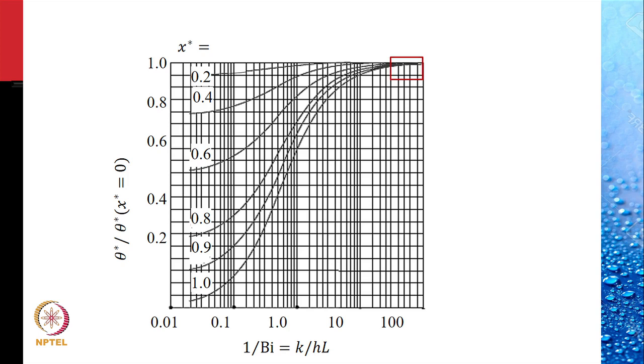It's interesting to note that for very small values of Biot number compared to 1, that is when 1 over Biot number is large, all the curves for different values of X star or R star collapse into one line. That means there is very little temperature difference within the solid.